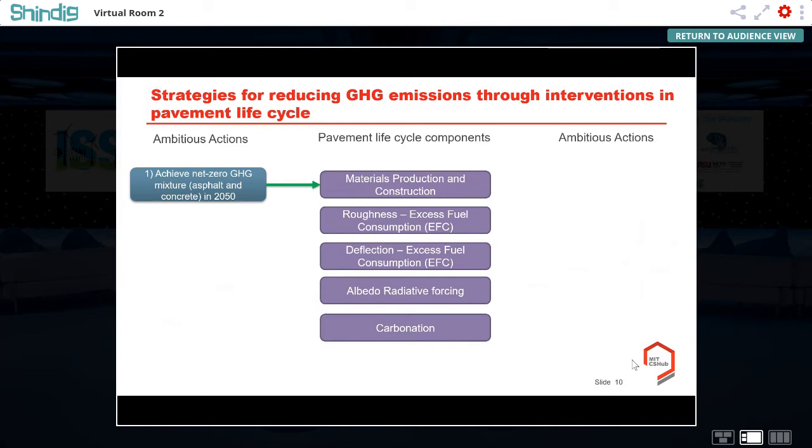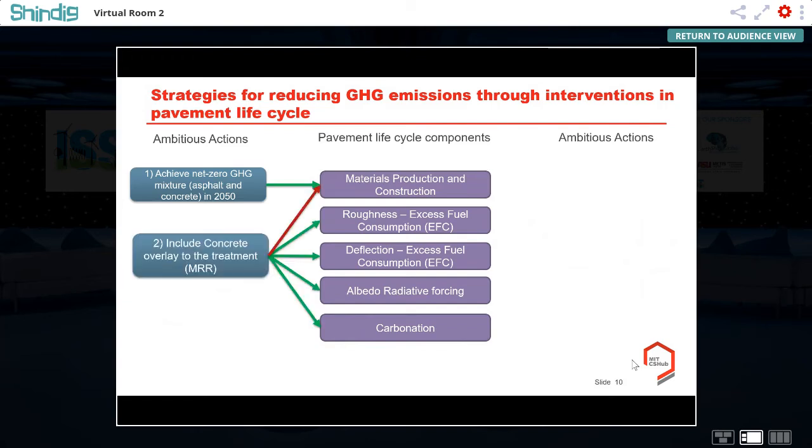So the green arrow here shows that it has a positive impact, meaning that we have some savings for materials production and construction, while including concrete overlay in the treatment actions of high volume traffic roads in different regions may have negative impacts, meaning some excess GHG emissions for materials production, but we expect some savings for roughness or deflection-induced excess fuel consumption, the albedo radiative forcing because of the lighter color, or the carbonation.